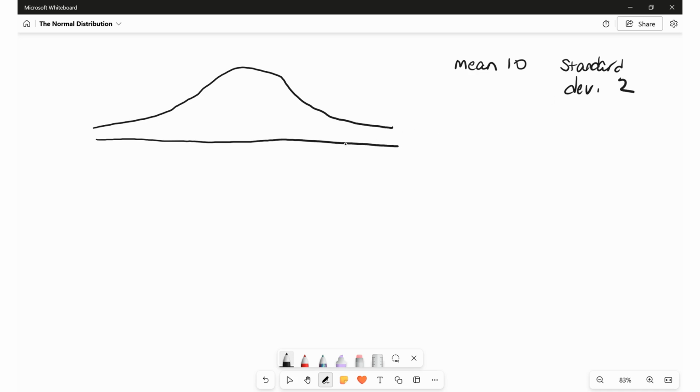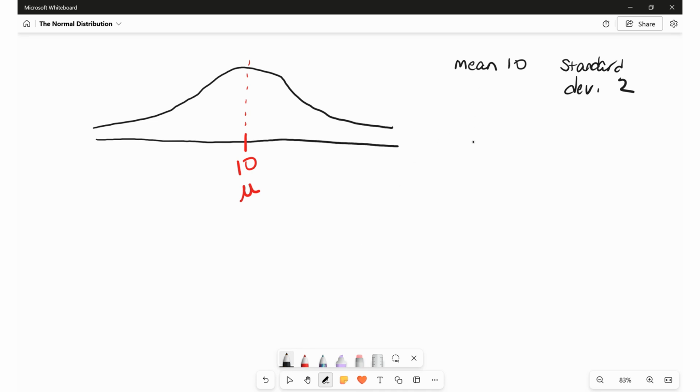So we have our mean here, right in the middle, and this is 10.